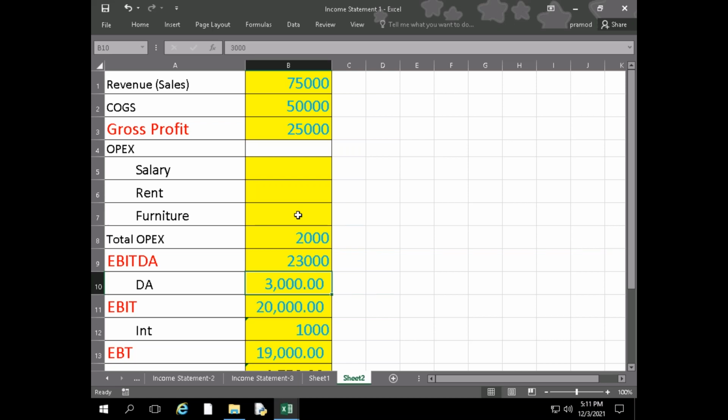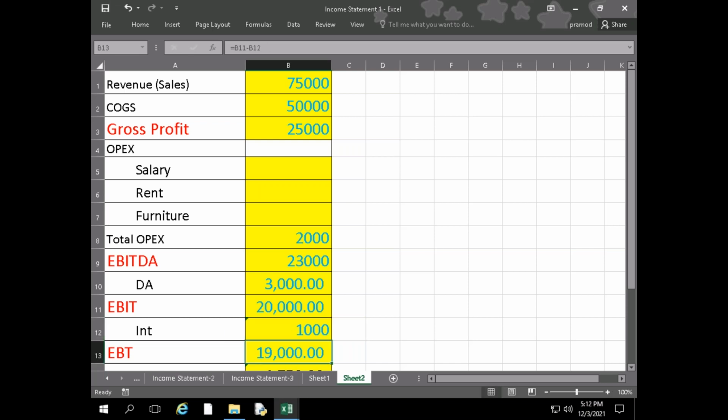Now they have read the last question. Depreciation of the machine will be 2000 and the amortization will be 1000. So you should add that 2000 depreciation plus amortization 1000. That should be 3000. Now EBIT will be EBITDA minus D&A, so 20,000. Your interest should be calculated on the 10,000 into 10%.